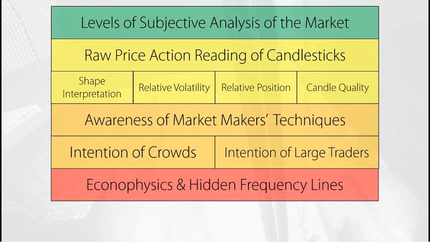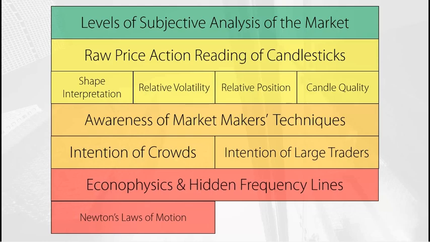For example, we can use Newton's laws of motion to determine the inertia of trends and future reactions of price based on past actions. We can also borrow an idea from thermodynamics to measure how volatility expands and contracts on the chart. This works along the same lines as the action and reaction principle from Newton. For example, we can calculate the future volatility expansion of price based on its past volatility contraction.